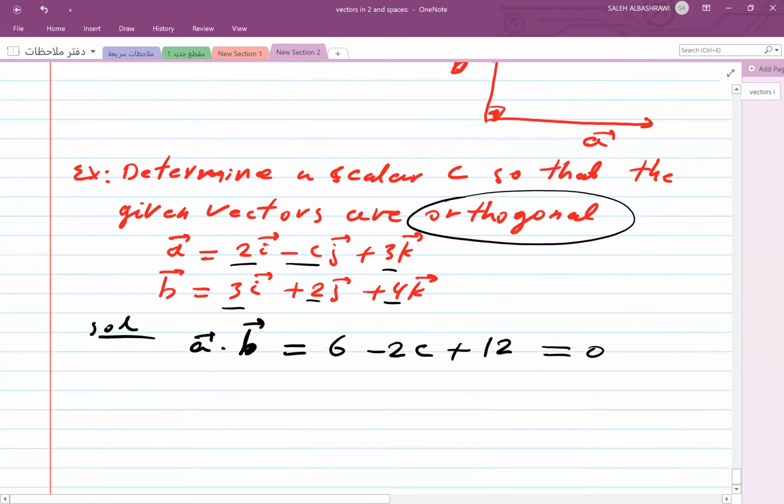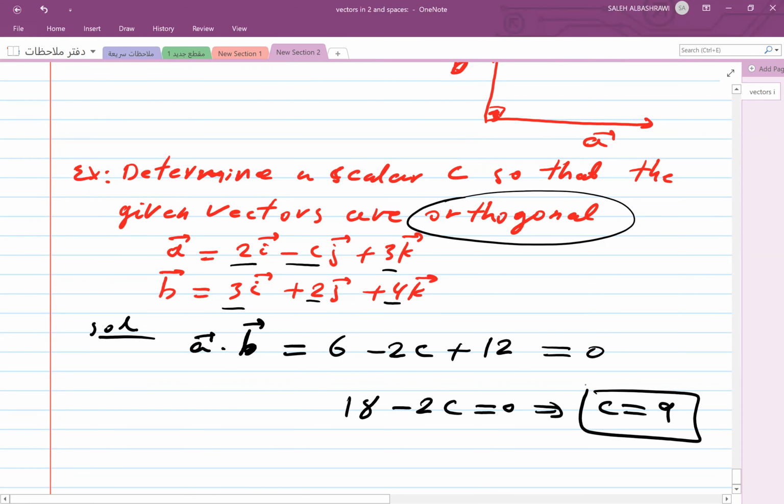So I have 6 minus 2c plus 12 equal to 0, or 18 minus 2c equal to 0. This will give me c equal to 9. So the value of c is equal to 9. If c is equal to 9, the given vectors A and B are orthogonal. So the idea is to find the dot product, equate it to 0, and solve the given equation to find the value of c.